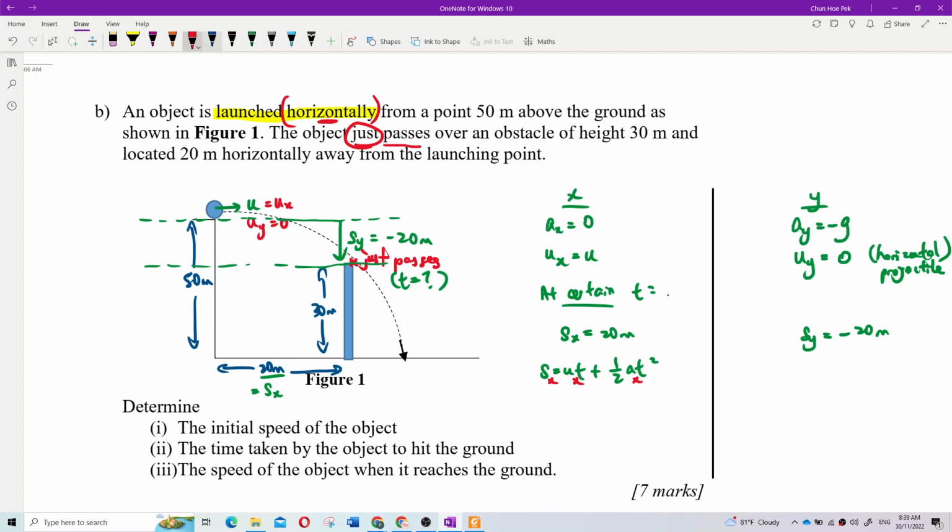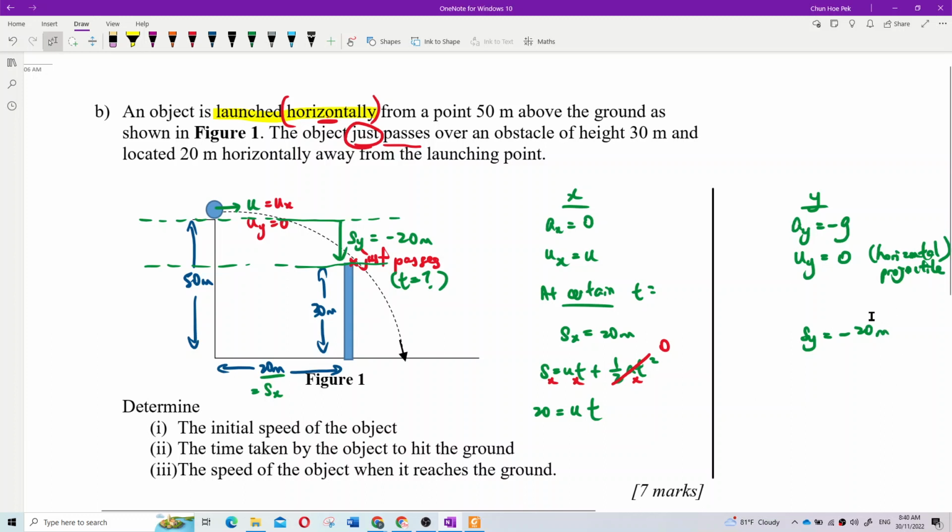We can see ax is 0, so that term is gone. So this is 20, and then ux times t. We don't know the time, we want to find initial velocity, but we don't have the time.